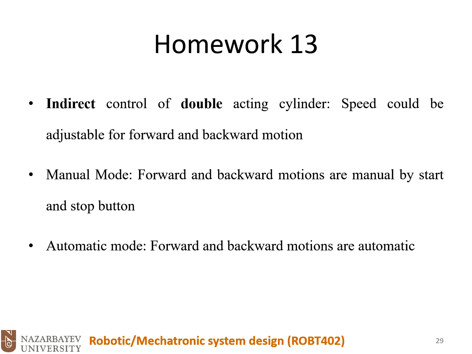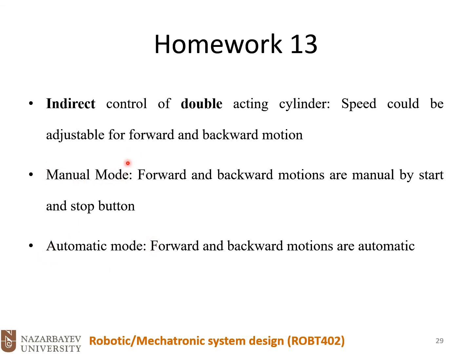Homework 13. In direct control of a double acting cylinder, speed should be adjustable for forward and backward motion, similar to the previous examples. Manual mode, okay, so we don't have automatic on the forward. We have two modes, one manual mode and the other one automatic mode.